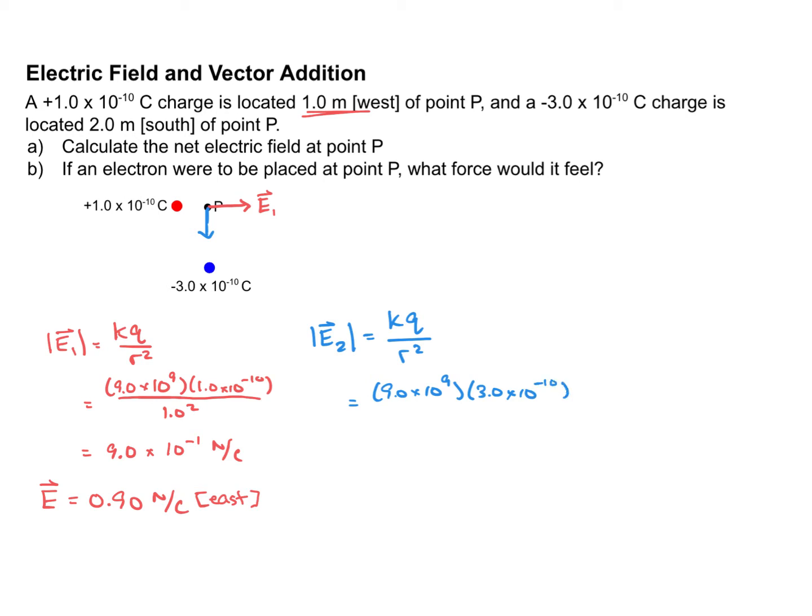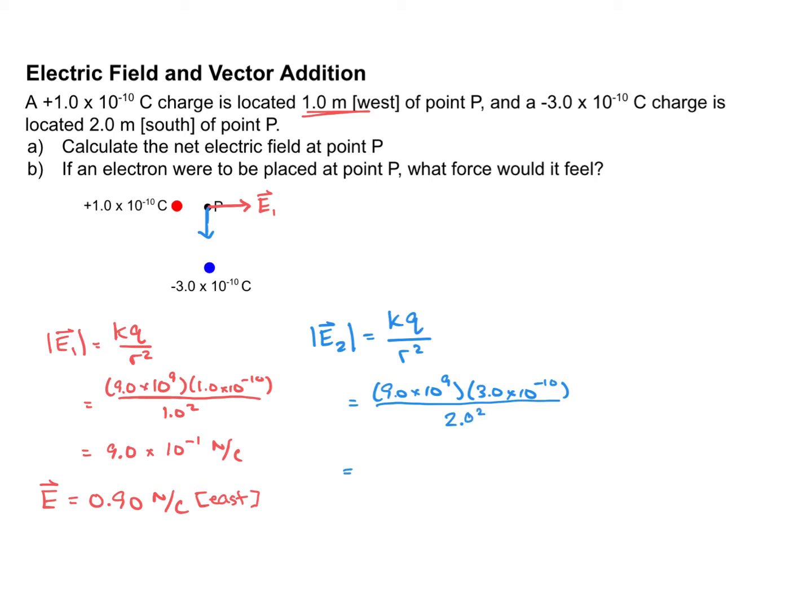It is a negative charge, but this formula is only calculating the magnitude of the electric field. I'm going to put all positive numbers in there. And the direction is taken care of. I drew in the direction already. I already know the direction. The distance that the blue charge is away from P is 2 meters.